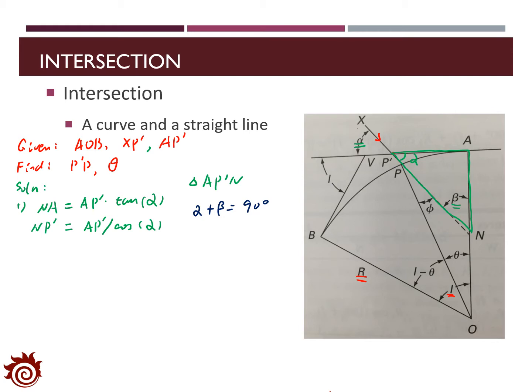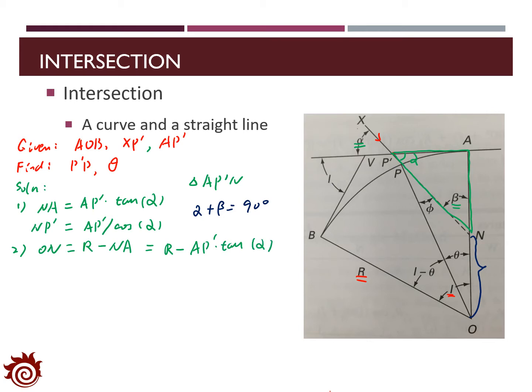Now, in the next step, we want to find out the length of ON, which is pretty simple. ON equal to R minus NA, that is R minus AP prime times tangent alpha.